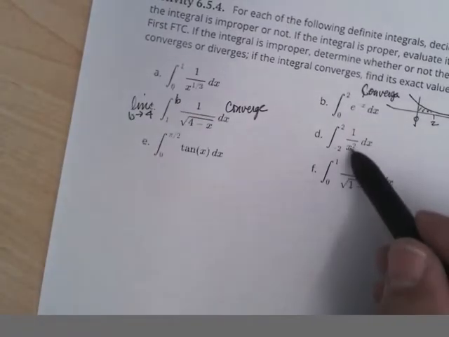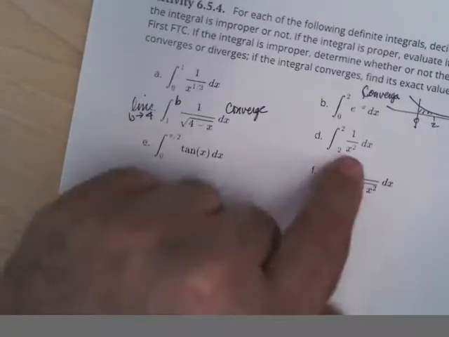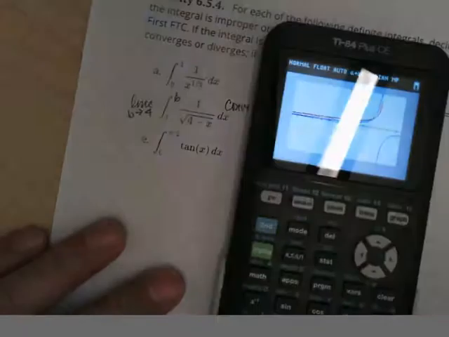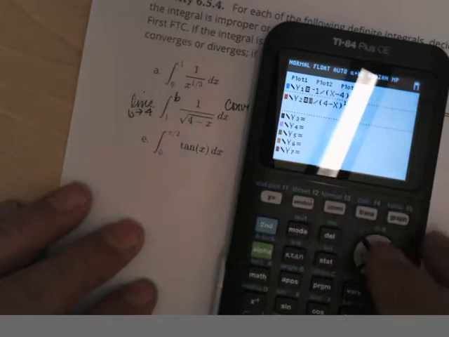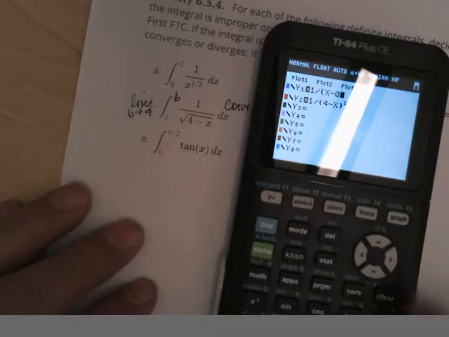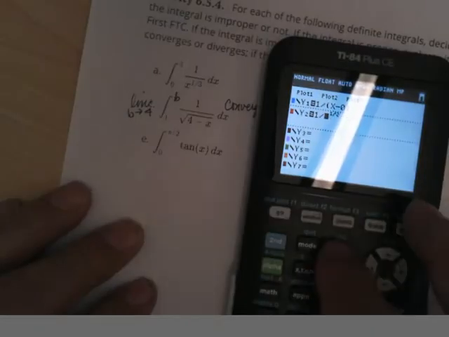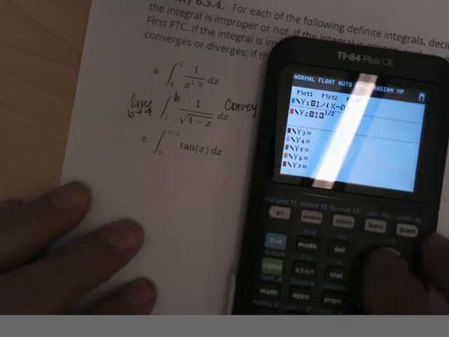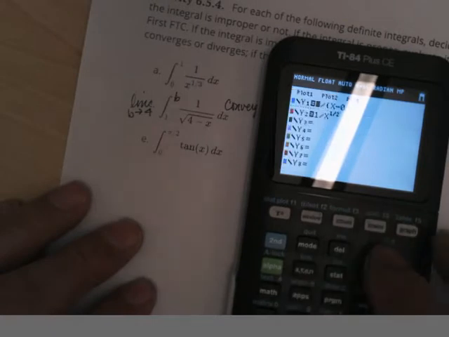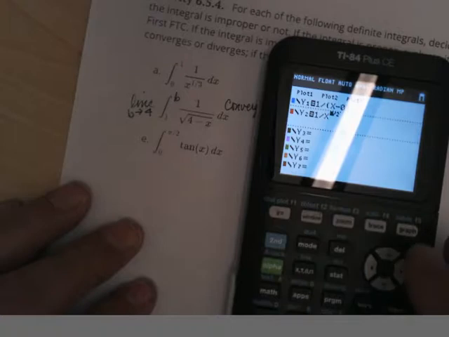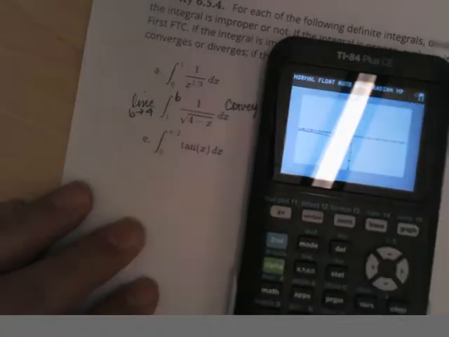This one from minus 2 to 2 has a problem at 0. So let's take this one, delete, go up here, delete that and make it over x only. And this is 1 over x squared. Graph.